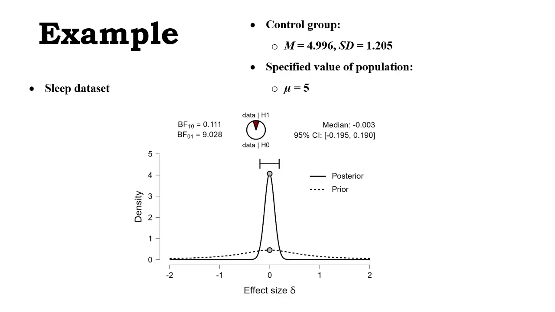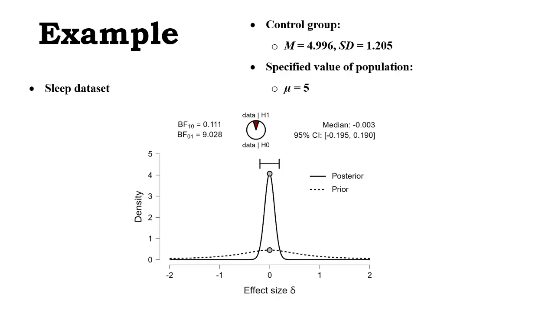Here we've got the median of that distribution, minus 0.003, and the 95% credible interval, which goes from minus 0.195 to 0.190. So basically, it's an interval around 0.